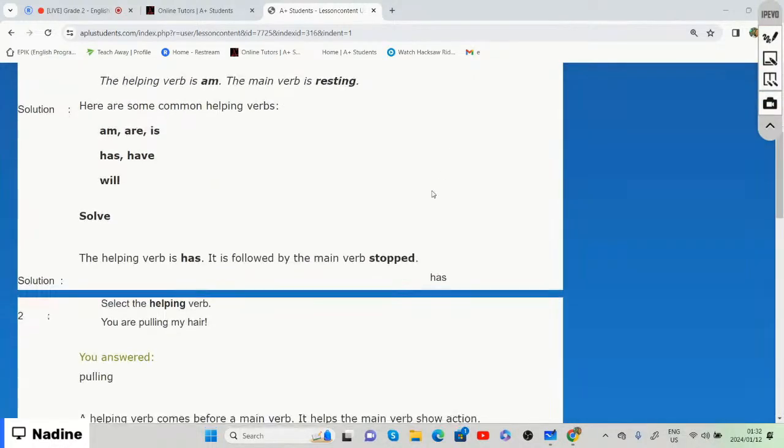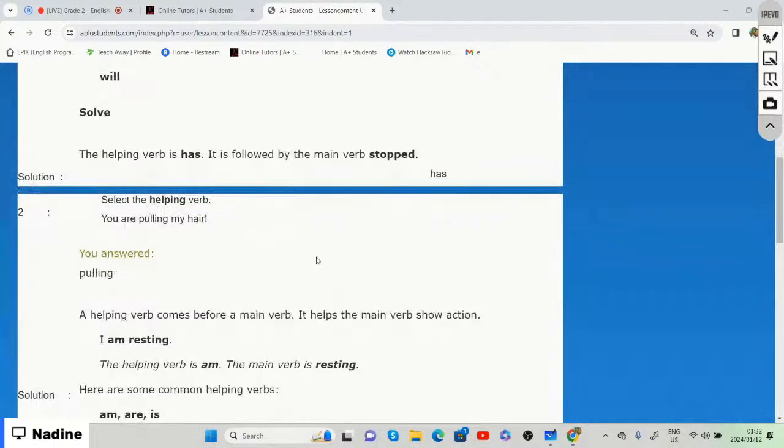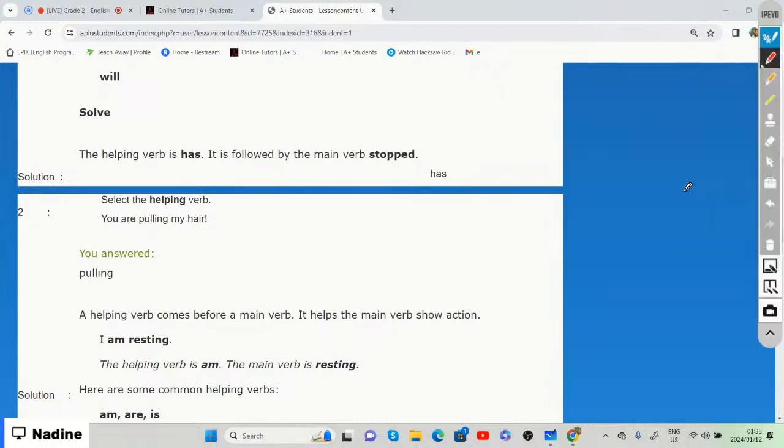If we look at the next sentence, it says, you are pulling my hair. If we look at the helping verb within the sentence, then are is our helping verb.